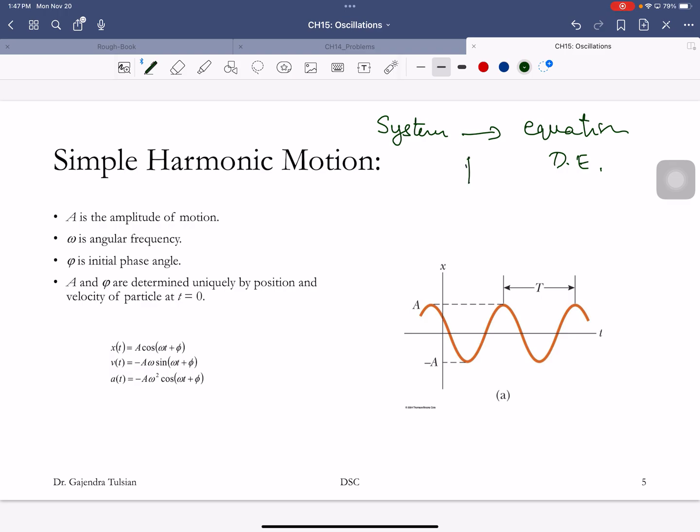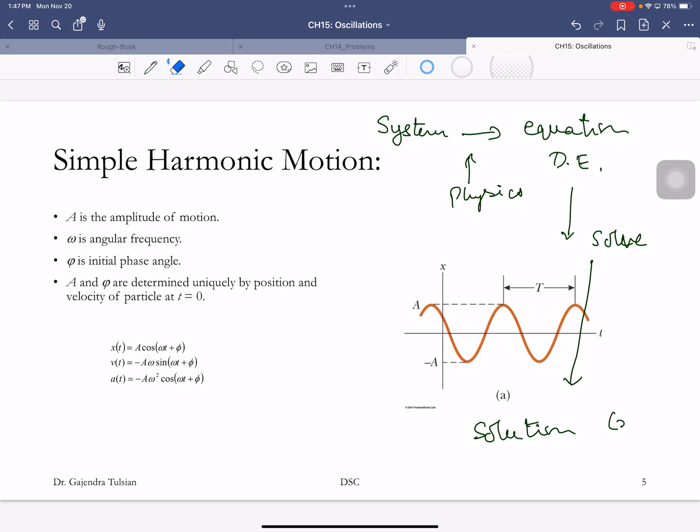You put some physics principle in it. And then you solve the differential equation, and the solution gives you the configuration of the system. The solution is the configuration of the system as a function of time, and that's what you're interested in.